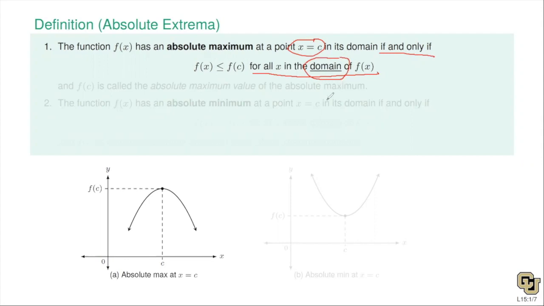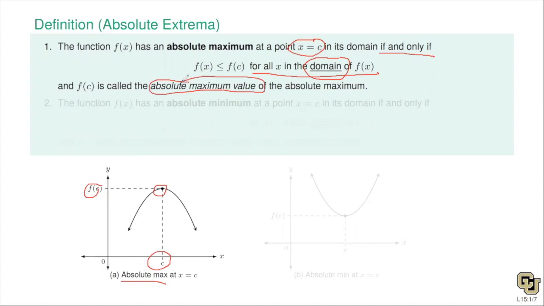So we're looking for a range value, f of c, such that it's the largest range value. All the other range values are less than or equal to this range value. And the place on the x-axis where this highest point is happening is called the absolute max. The actual value of the highest point is called the absolute maximum value. So we're distinguishing here between the x and y coordinates of the maximum. The x coordinate is called the absolute maximum, and the y coordinate corresponding to that absolute maximum is called the absolute maximum value.